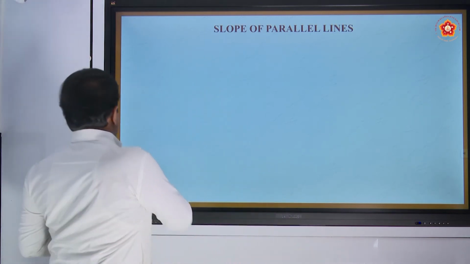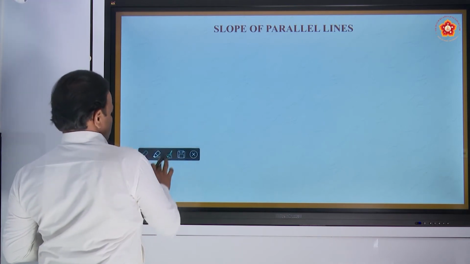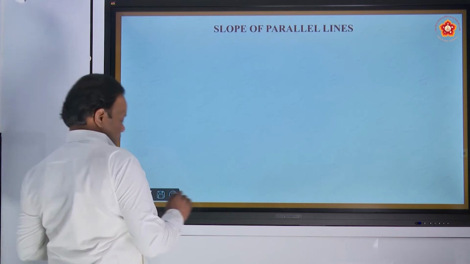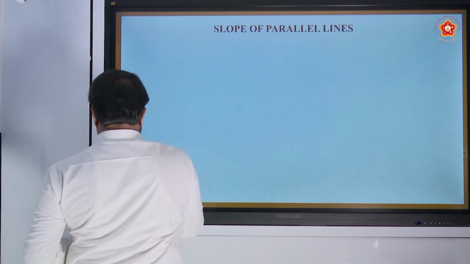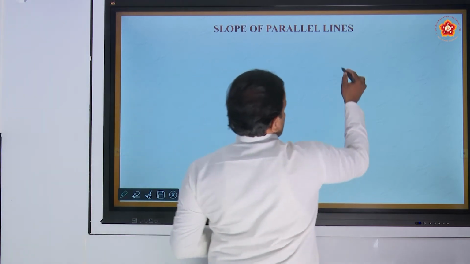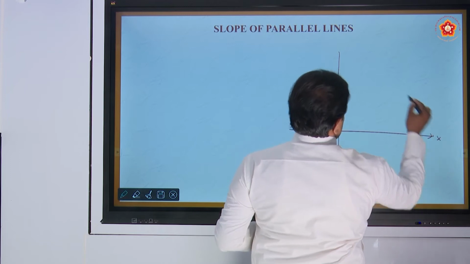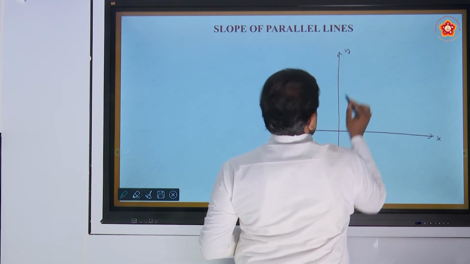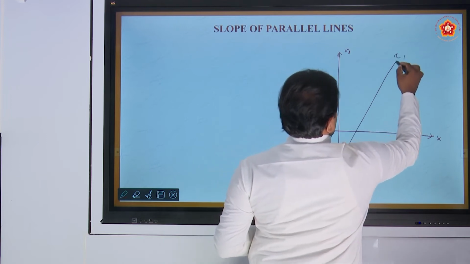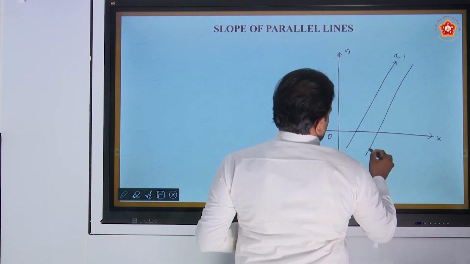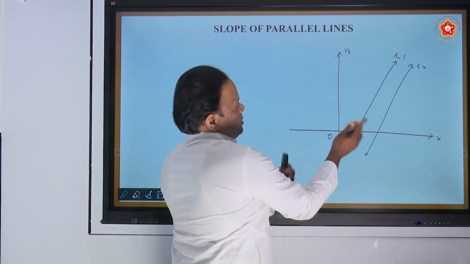So first, I draw parallel lines here. Observe here. This is the x-axis, this is the y-axis, O is the origin, this is line L1, this is line L2. Observe that the two lines are parallel.